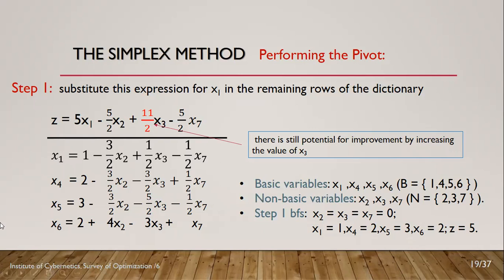The process of swapping the entering and leaving variables we are about to describe is called pivoting. Now, the variable which enters the basis is x sub 1. Here it is. It wasn't there. It was here.